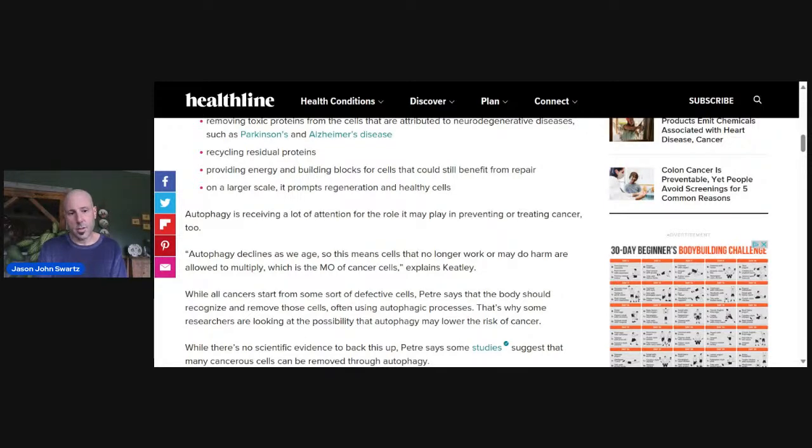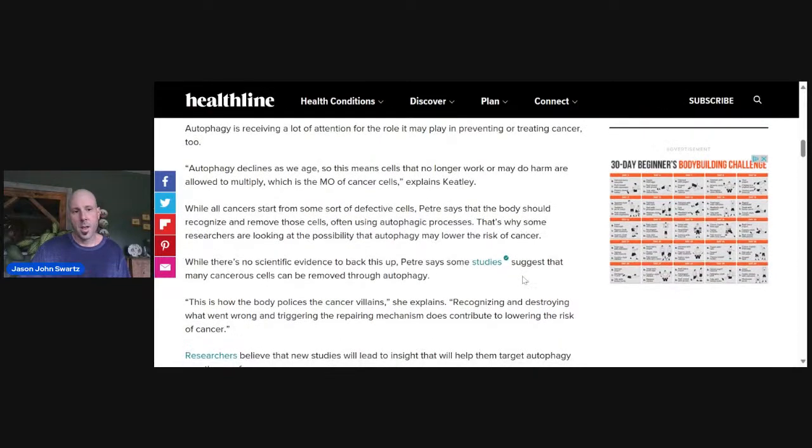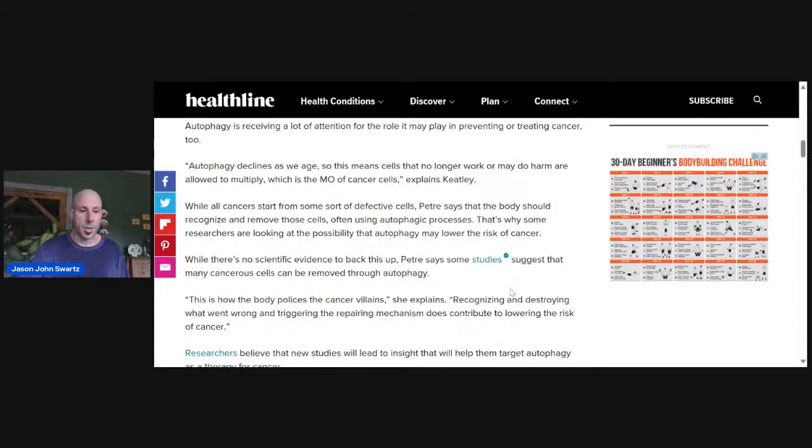While all cancers start from some sort of defective cells, the body should recognize and remove those cells, often using autophagic processes. That's why some researchers are looking at the possibility that autophagy may lower the risk of cancer. I'm 100% convinced. While there's no scientific evidence to back this up, studies suggest that many cancerous cells can be removed through autophagy.